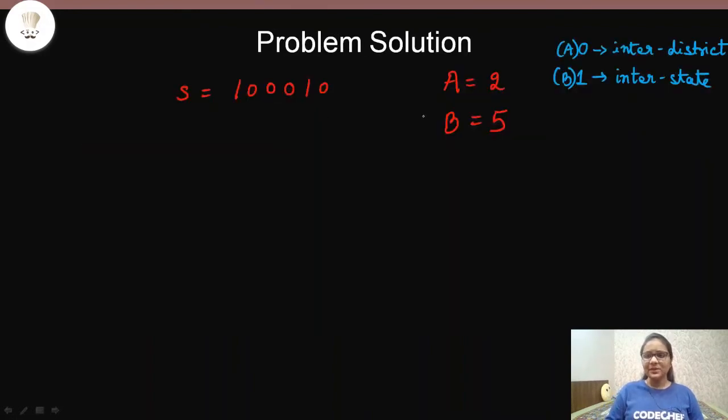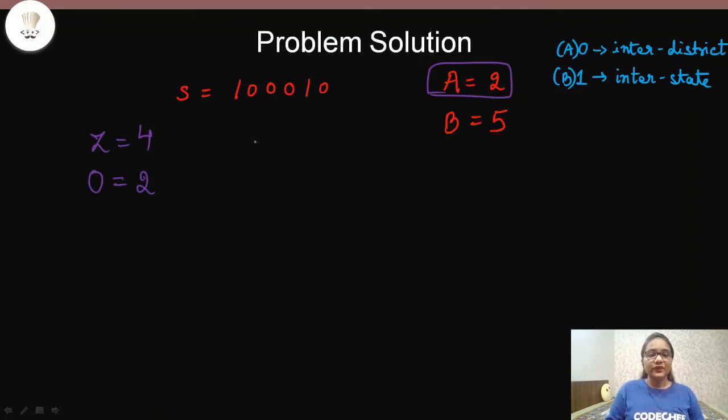Since it is a very simple problem, we'll see the example here. The number of zeros that we have here is 4, and the number of ones is 2. As I said, 0 denotes the inter-district e-pass application, and A minutes is what each application takes to fill.